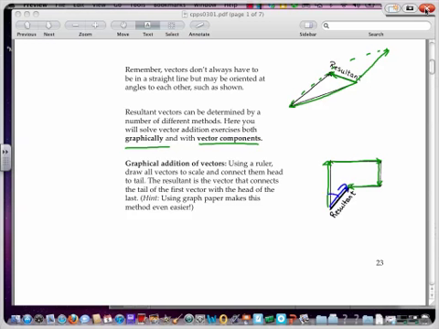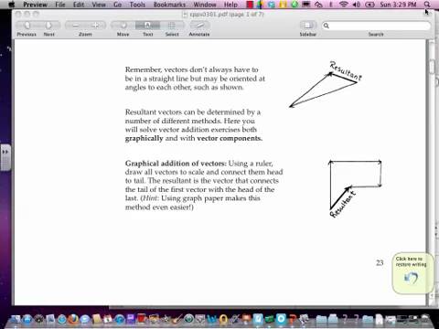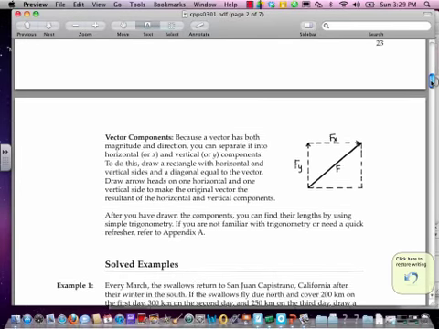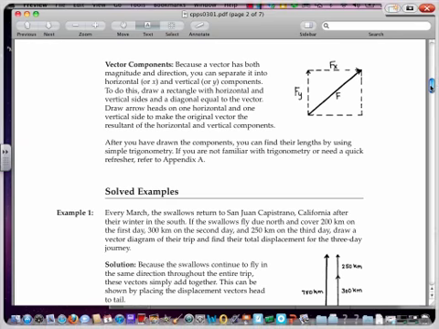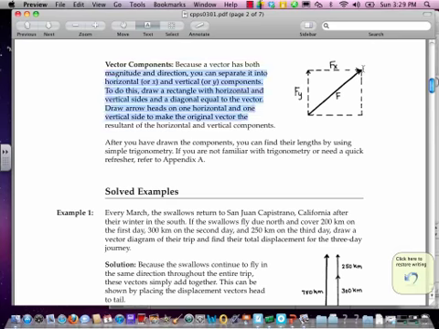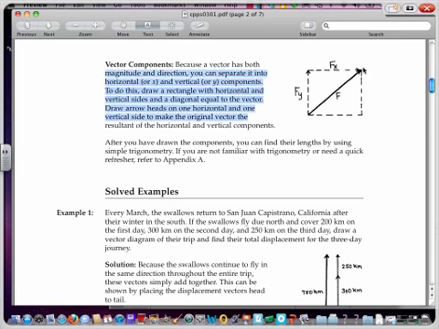And then if you wanted to figure out angles, you would take your protractor and actually measure that angle. So that's one way of doing it graphically. More likely, we spend probably some time talking about angles and doing things in components. So let's take a look at this example here. If we know the resultant vector, we can break that down into its x components and its y components.